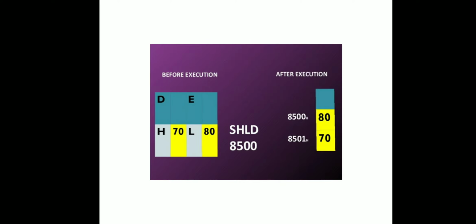For example, SHLD 8500. After execution of this instruction, the content of the L register is stored to memory location 8500, and the content of the H register is stored to the next memory location 8501.